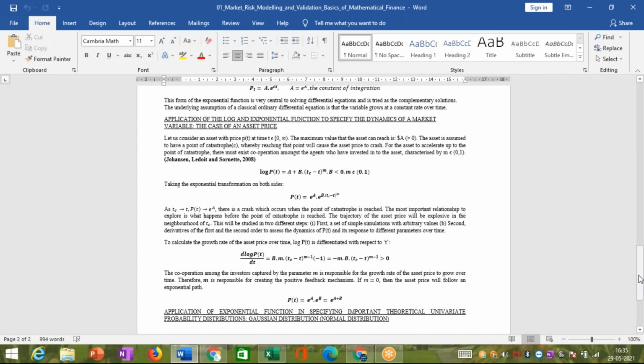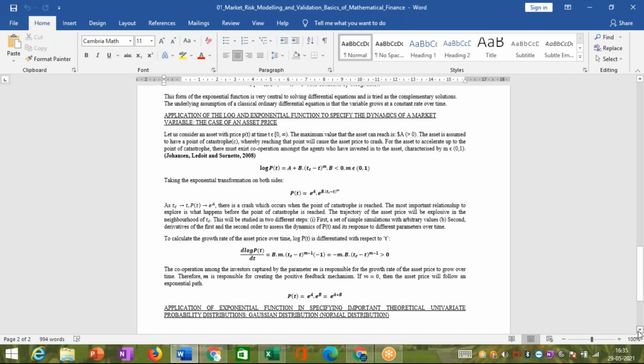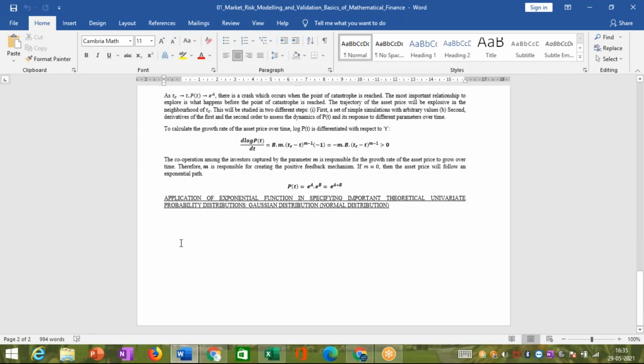Let us try to see this particular part. First of all, we'll define the Gaussian distribution. This is a very typical way of defining a distribution.